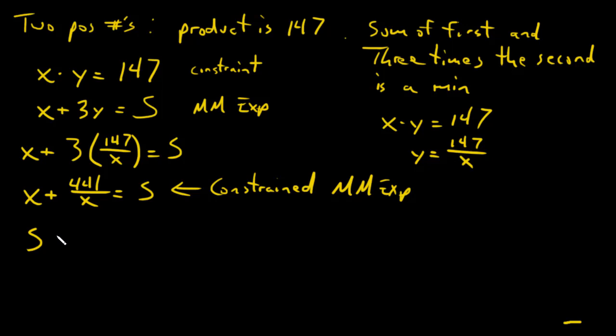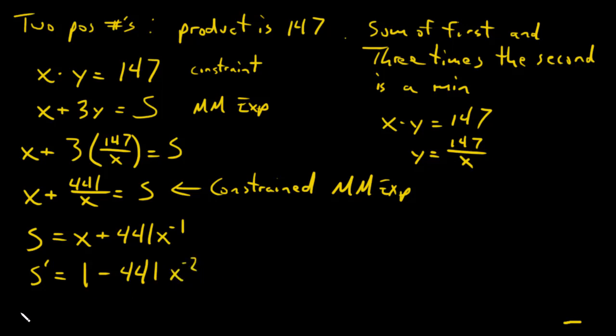So s is going to equal x plus 441 x to the negative first. S prime is going to be 1 minus 441 x to the negative second, which I know looks like s prime is equal to 1 minus 441 over x squared. So now I can set it equal to 0 and solve. That is the derivative.